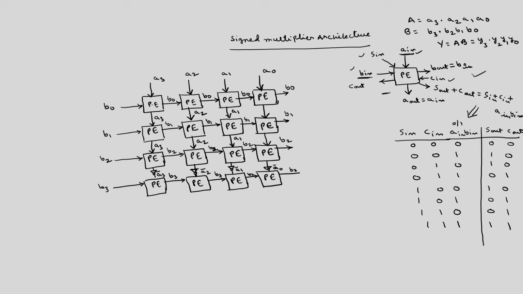And what about this sum and carry connections? This is C in here. I will make this as 0 and this is C out. This C out plus this S out is given by this relation.